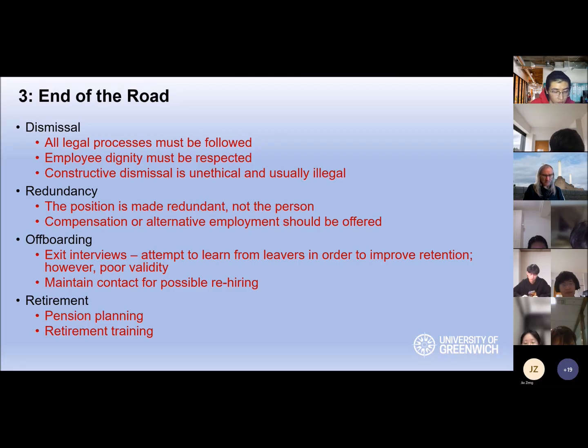So sit down with them. It's like an appraisal. It's like a last appraisal, but it's to try and find out from them a final word, perhaps the most honest word from them about the company, the nature of the work they've been doing, and why they're leaving. And it's also an opportunity to leave on a positive note, because you may want to re-employ them.